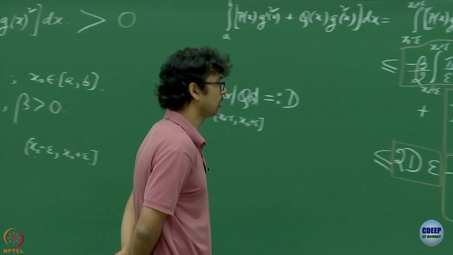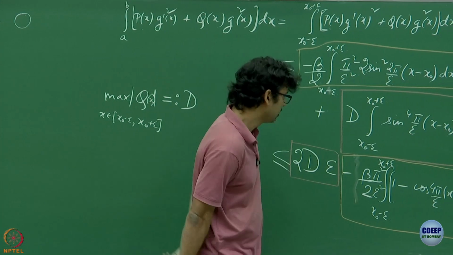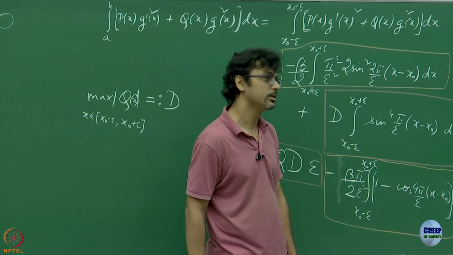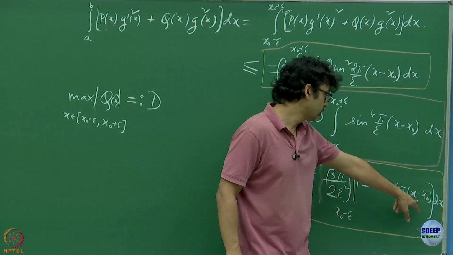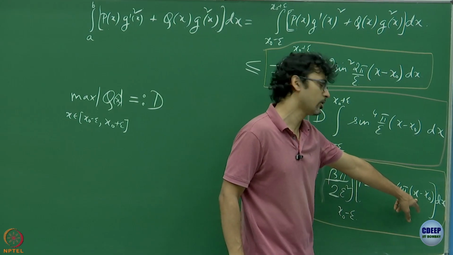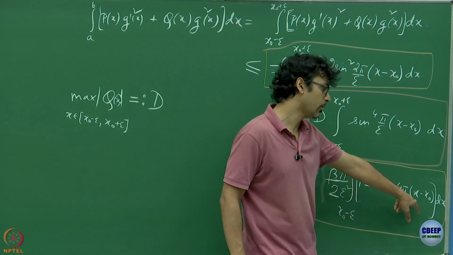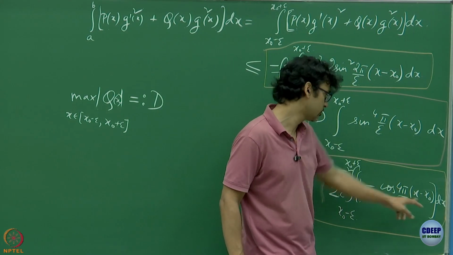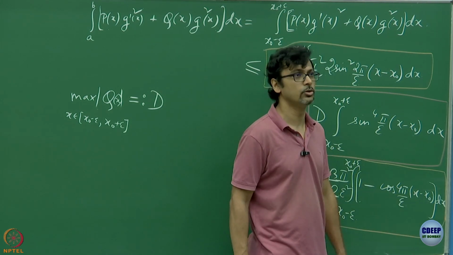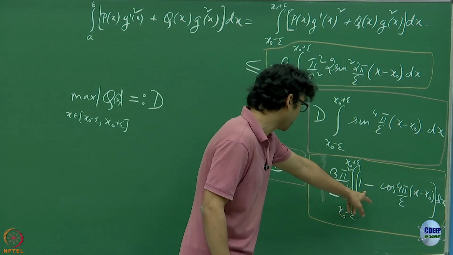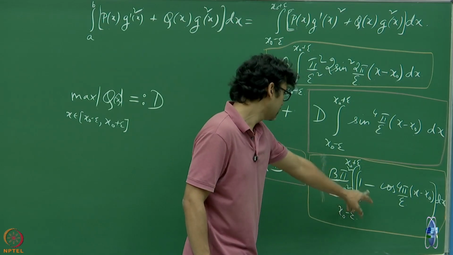It's cos theta, so its integral will be sin theta. Evaluated at both these points, what happens to sin theta? Well, it's a multiple, right? The epsilon will come in here. When you substitute x as x plus epsilon, it's just epsilon. When you substitute x as x naught minus epsilon, it comes as minus epsilon. So it's 4 pi and 4 pi. In either case, it's 0. So this part of the integral is 0. So the only part of the integral that survives is this. And what is that? It's 2 epsilon.